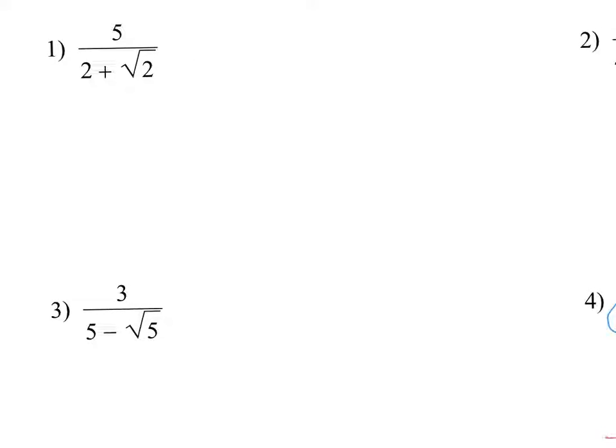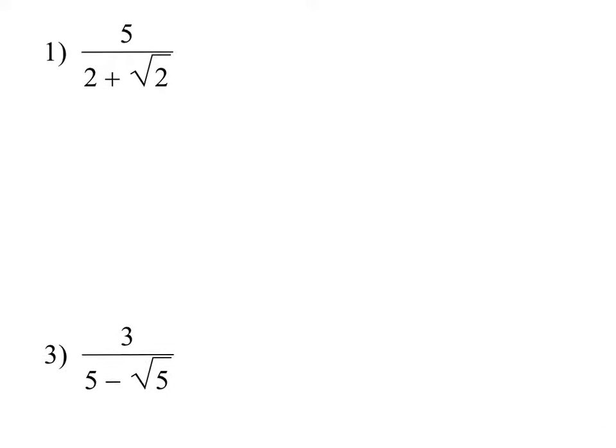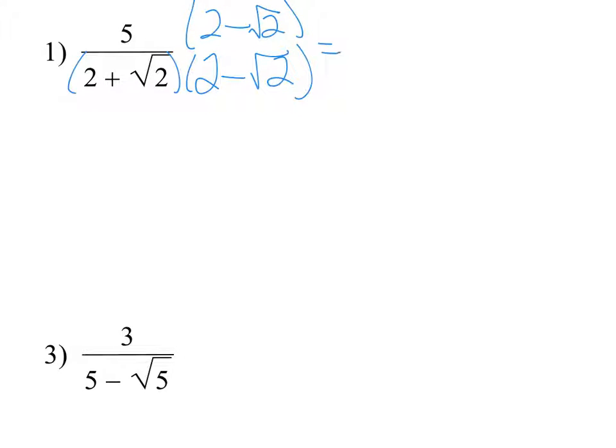Okay. So in this guy, first of all, what's our conjugate, right? So it's going to be 2 minus the square root of 2. Distribute the top. 2 times 5 gives me 10. 5 times the square root of 2 is 5 square root of 2. Oop, no, that's gross.